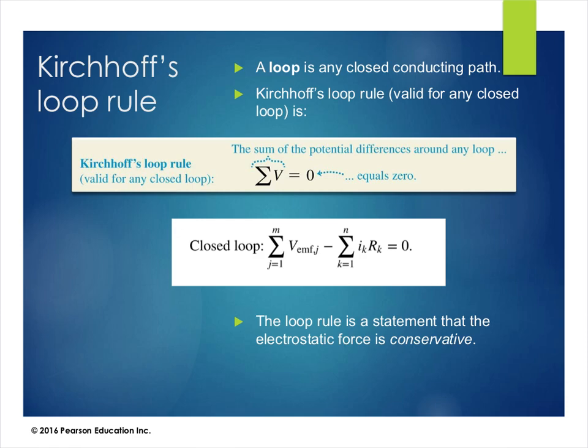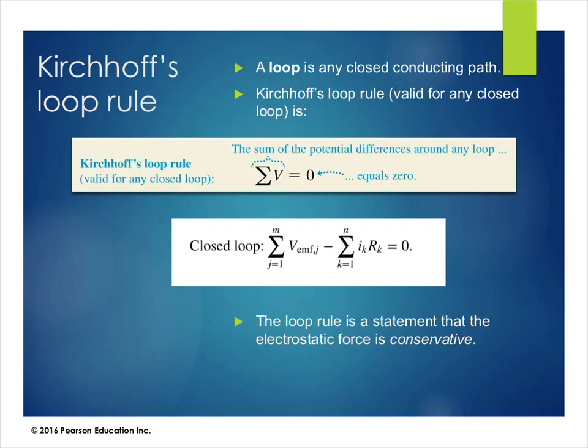The other rule that's going to help us figure out how much current is going in these different branches of a circuit is called the loop rule. And this has to do with changes in potential as you go around a closed loop. That means that you start where you end.